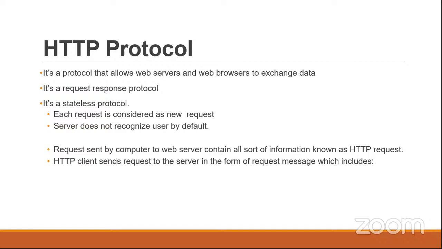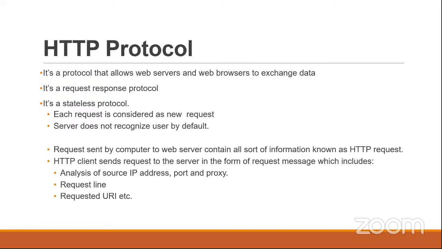So this HTTP client sends a request to the server in the form of a request message. What does it include? It includes the IP address, port number, proxy, request line, and requested URI, uniform resource identifier. Just now I said ExcelR, it's a kind of identifier.